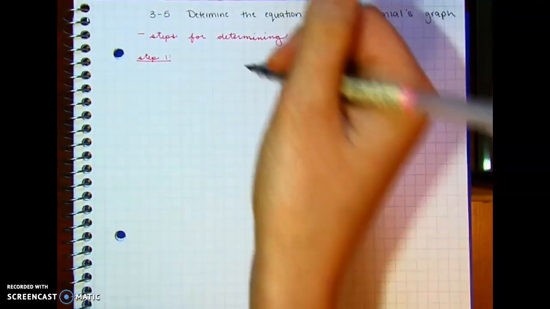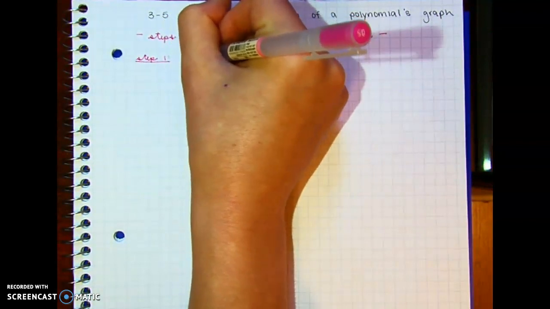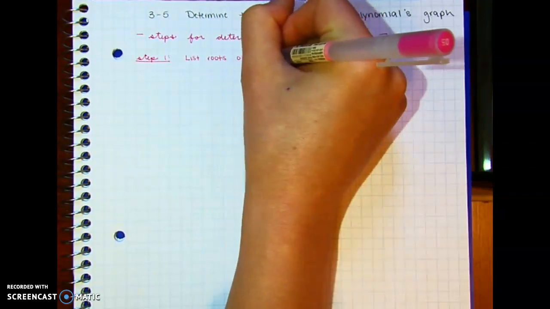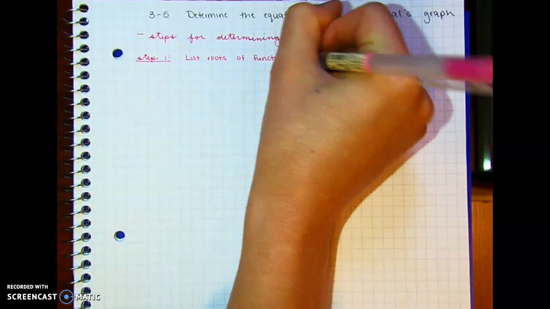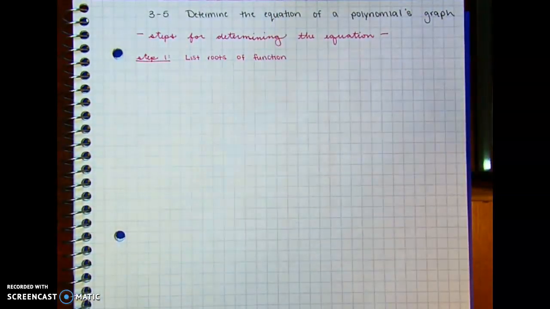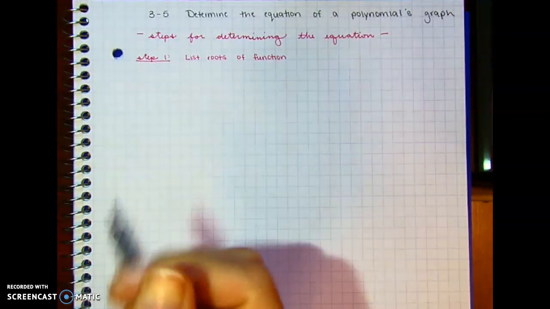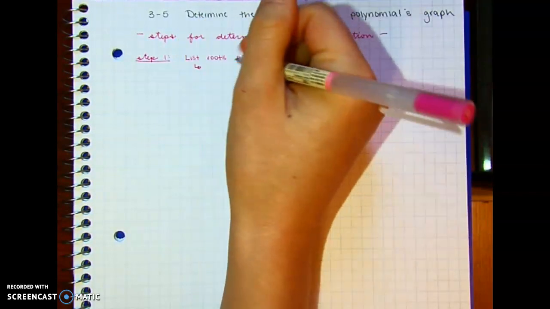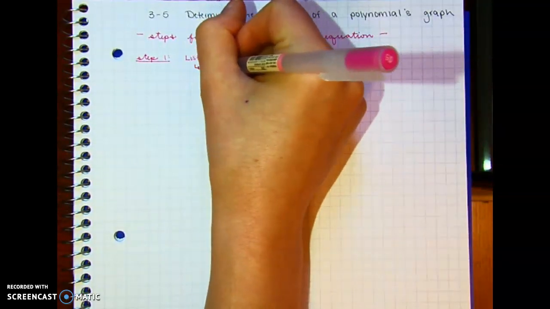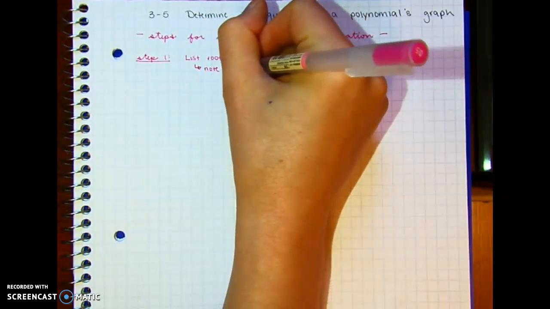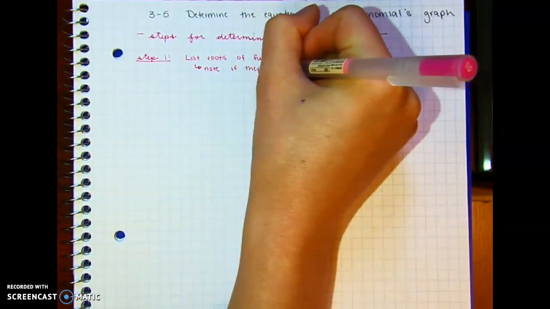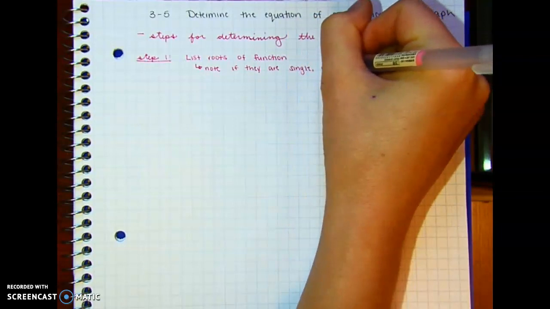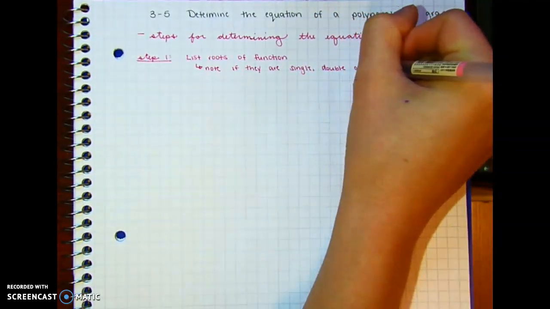So the first thing you want to do is list the roots. So when you list the roots, that's the x values of the x-intercepts. And kind of like a 1a step, take a note if they're single, double, or triple.